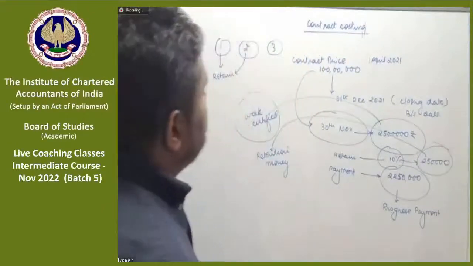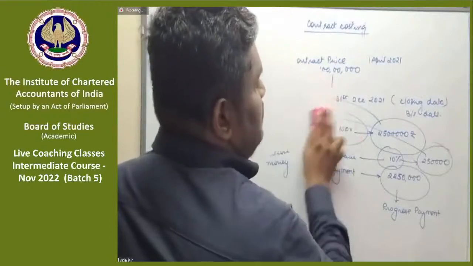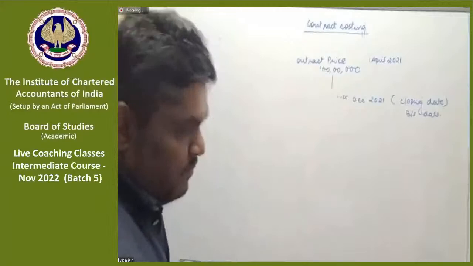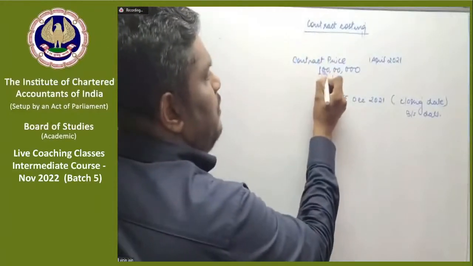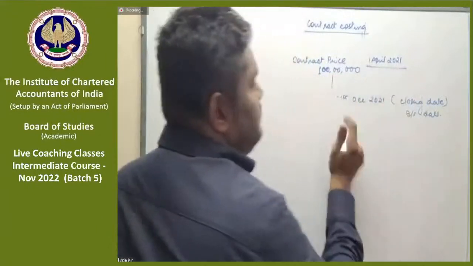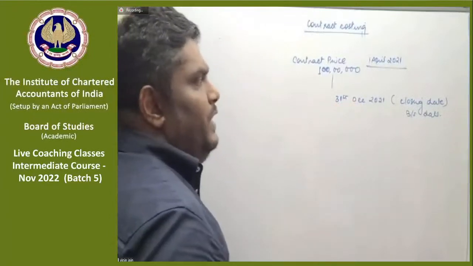Now, so my contract price is, let's say, 1 crore on 1st April 2021. The company closes its books on 31st December 2021.